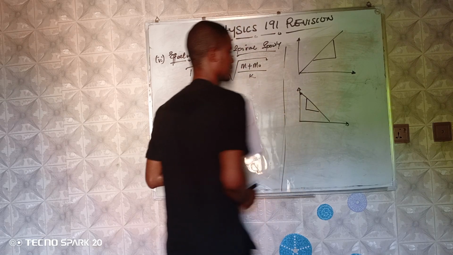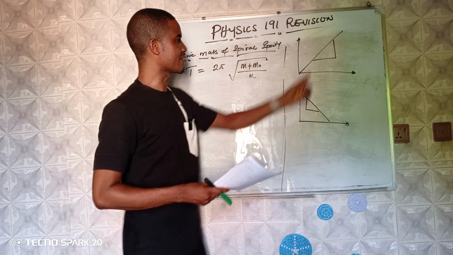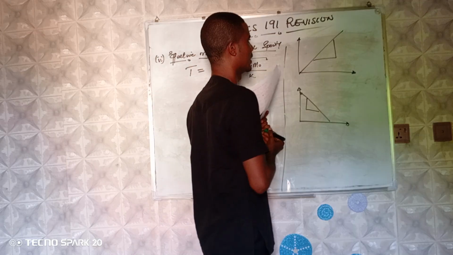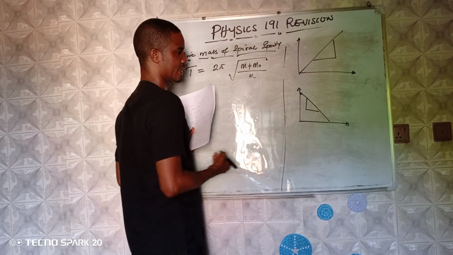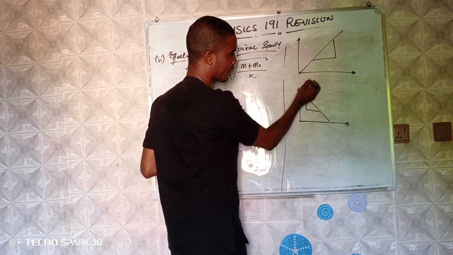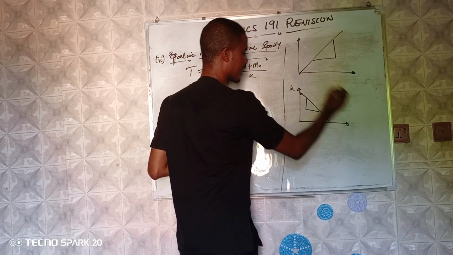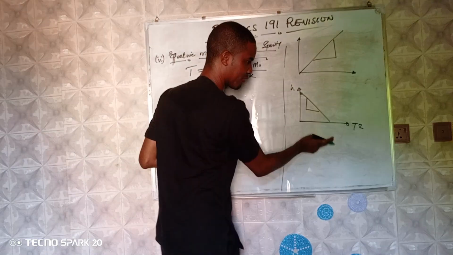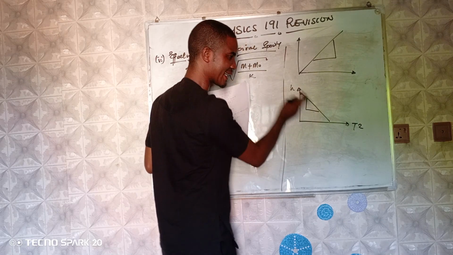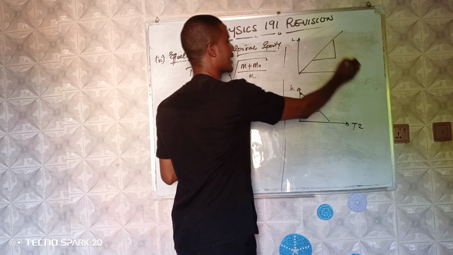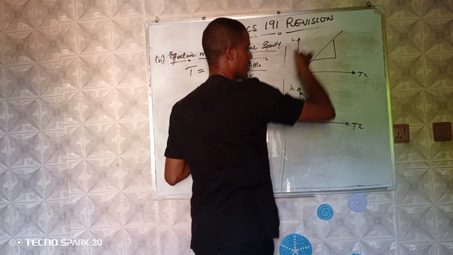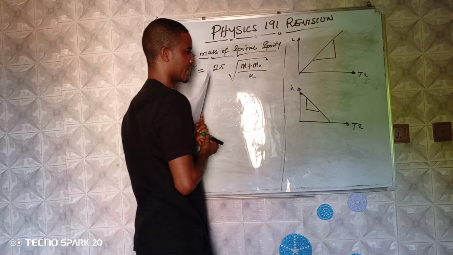You see this graph is positive slope. You see this graph is negative slope. So from what we did, this second one I did for you, that we have h against t square. This is how the graph will go. Why? Because a negative slope is to go like this. But if it's a positive slope, this is L against t square. It's going to go like this because it's a positive slope.